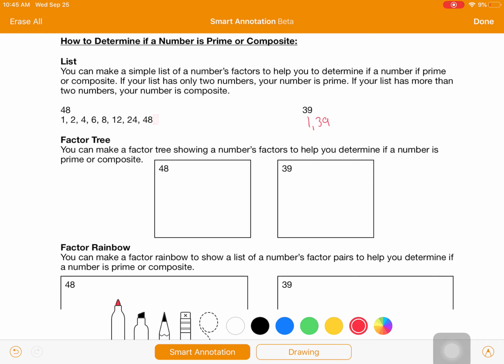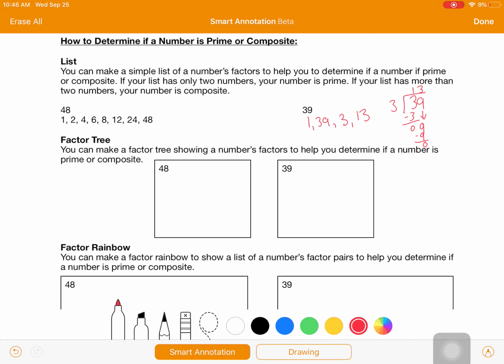But I also know that 39 is divisible by 3. That means if I divided 39 by 3, it would go equally. So 3 goes into 3 one time, and then 3 also goes into 9 3 times. So 13 and 3 are also factors of 39.